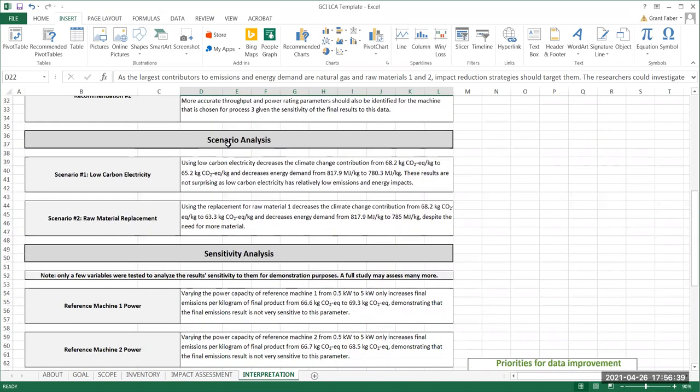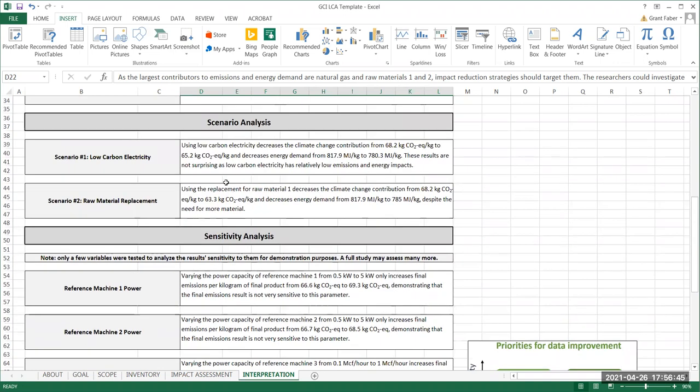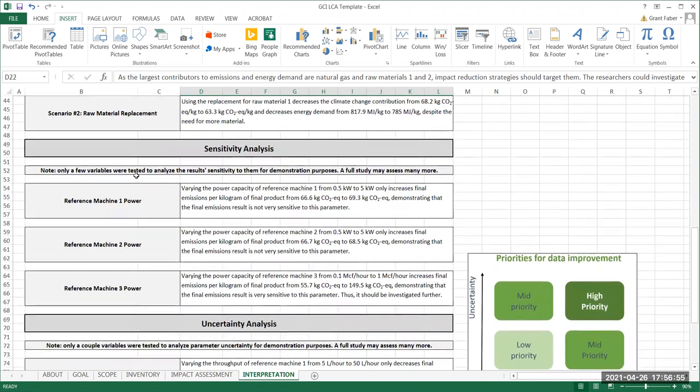And then we have sections for scenario, sensitivity, and uncertainty analysis, one for each, that include the findings from each of those types of analysis. Another thing to note here, as is noted in the study, is that for the purposes of the template, only a few variables were tested for each kind of analysis.